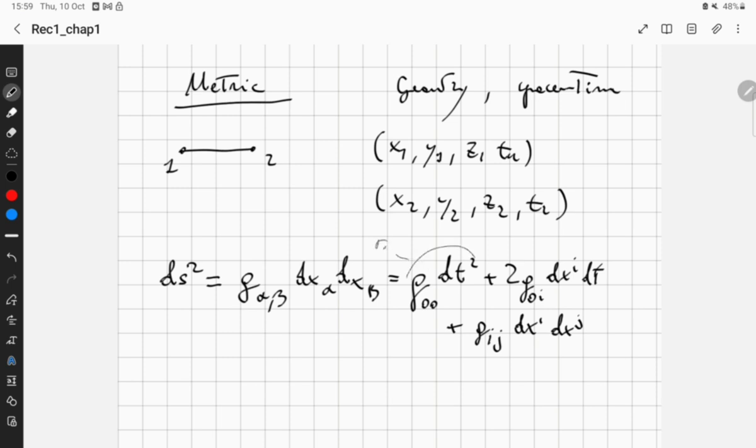So what we have are 3 components. The first term is the time component, the second is the mixed component, and the third is the spatial component.